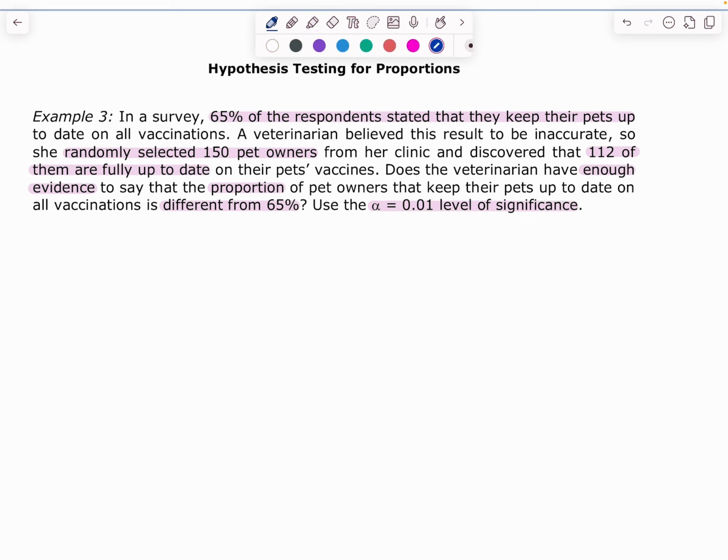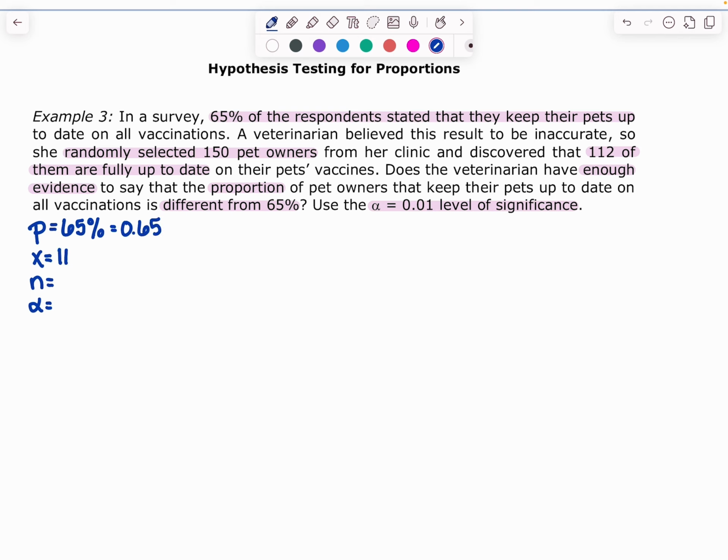So we're looking at proportions, so P, X, N, alpha. It doesn't look like I was given P hat, so I'm just going to do X and N. So P is going to be 65% from the previously stated survey, which is 0.65.